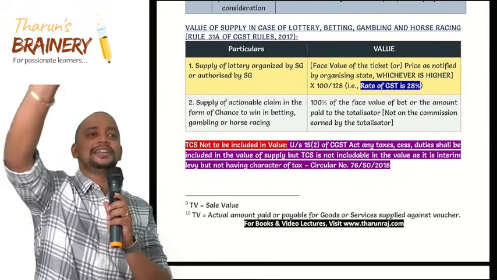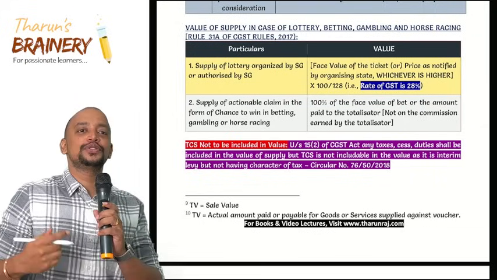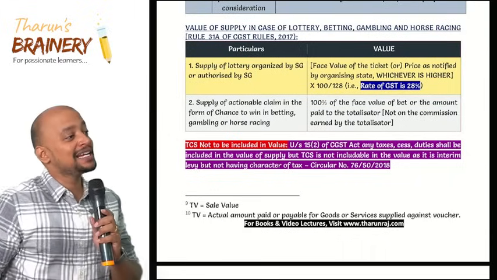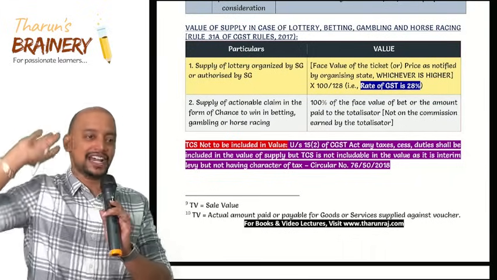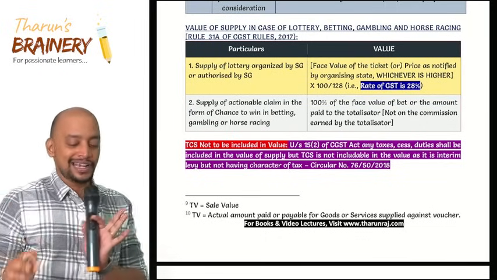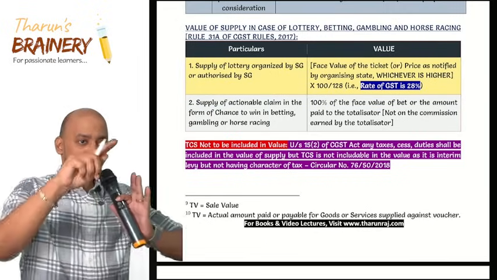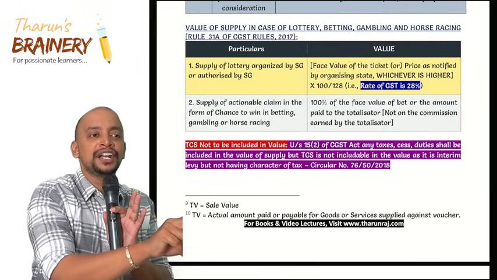Now the Kerala government releases an official gazette saying that as there is a huge demand for this lottery ticket, we are increasing the price from 500 to 750. Now what will be taken as the price for computing GST? 750, whichever is higher, you understood. So 750 into 28 divided by 128 is taken as the GST. 28 by 128 is the GST component. Then 100 divided by 128 will be what?